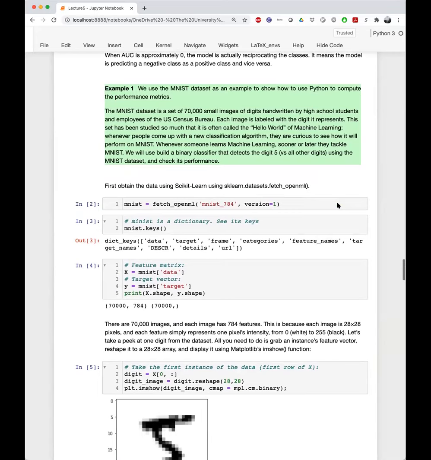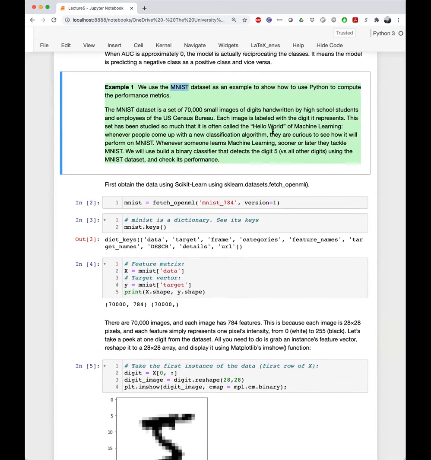All right, so we move on to the example here. We use a data set which is built in scikit-learn, called the MNIST data set. It contains 70,000 small images. Each image contains a handwritten number.